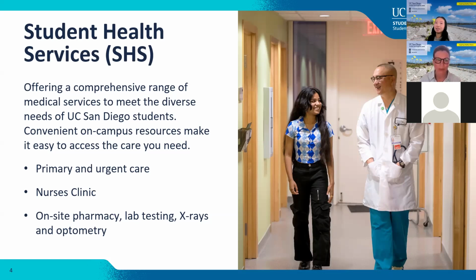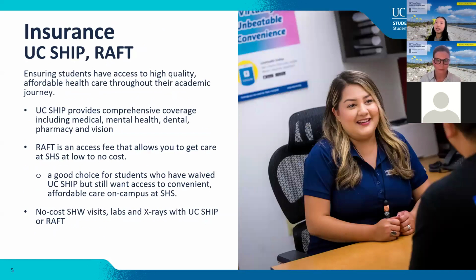Let me talk to you a little bit about how we can access these services. Insurance is always a biggie. There are two options that we offer in-house, the first being the student health insurance plan called UC SHIP. You are automatically enrolled into UC SHIP unless you waive out. UC SHIP is a fantastic package.